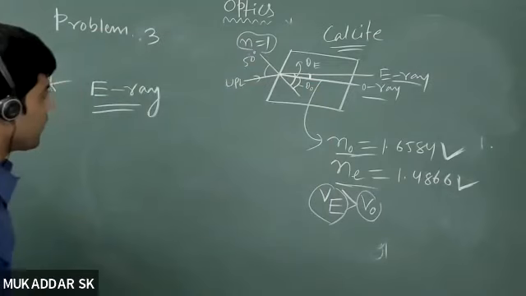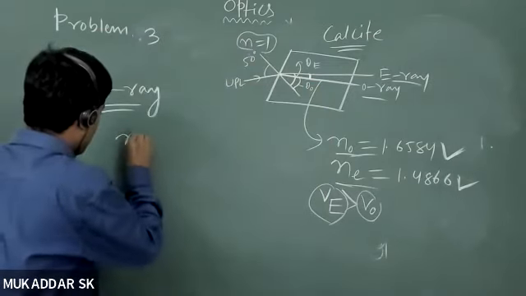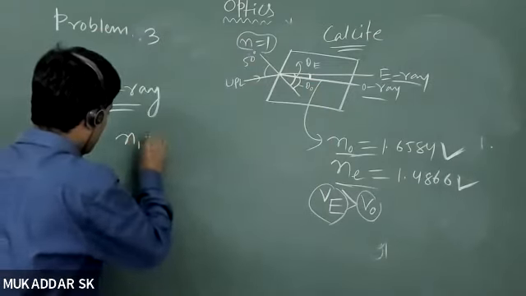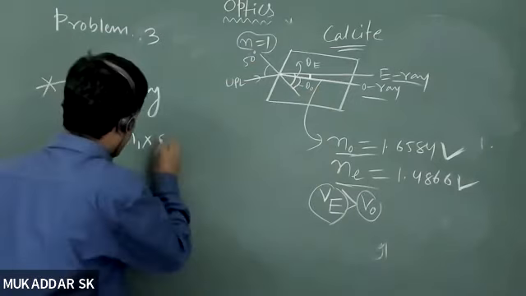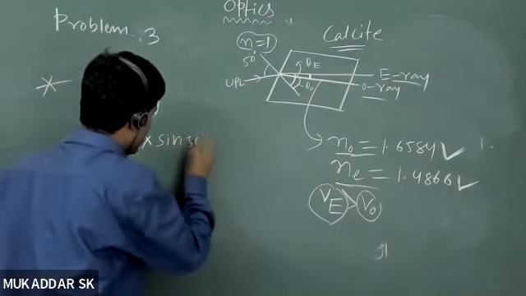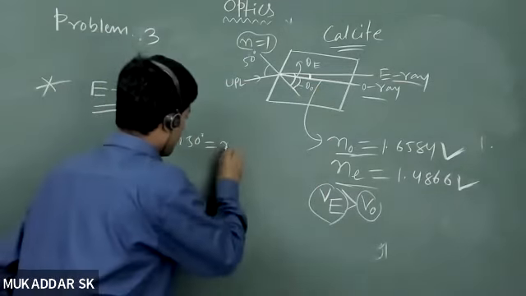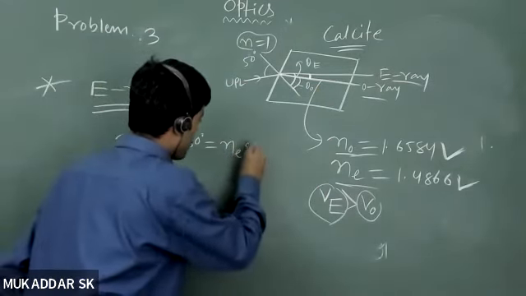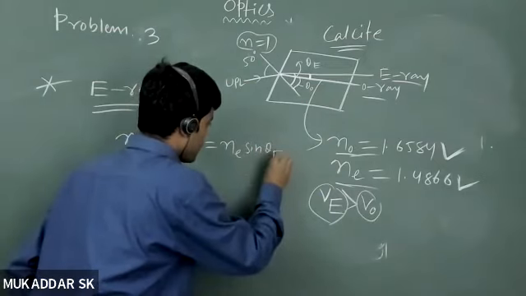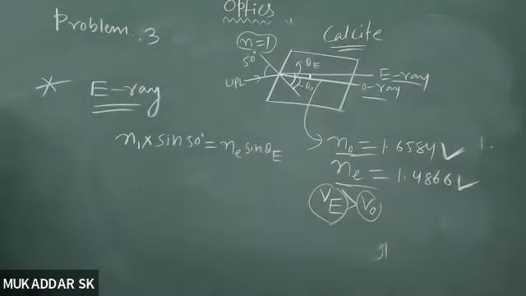For incident medium, I can write n_on into sin i, sin i is how much? 50 degree, right? That should be equal to n_e into sine of theta e. And n_on is given.